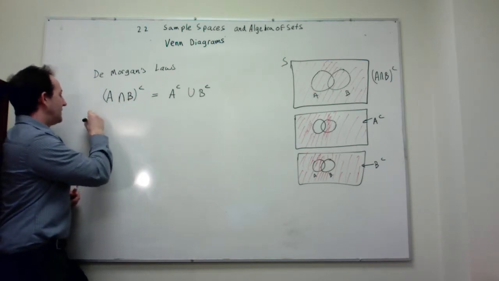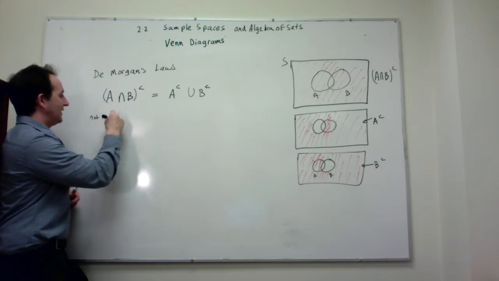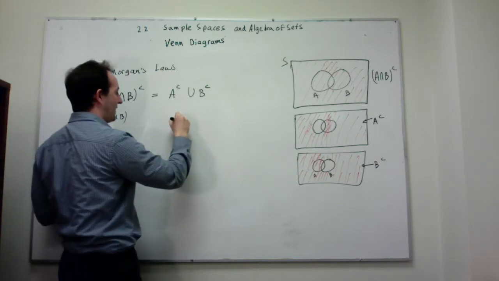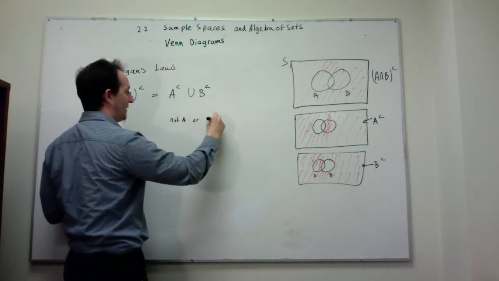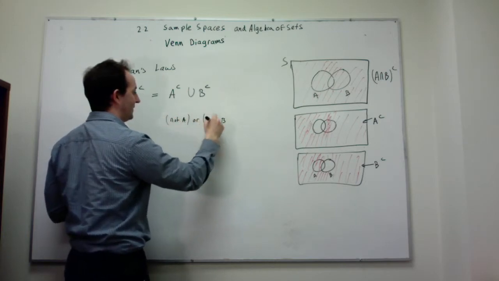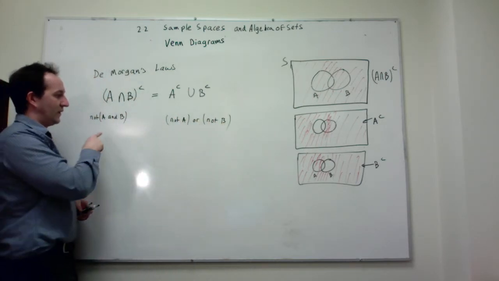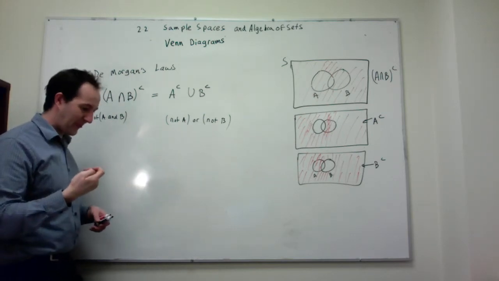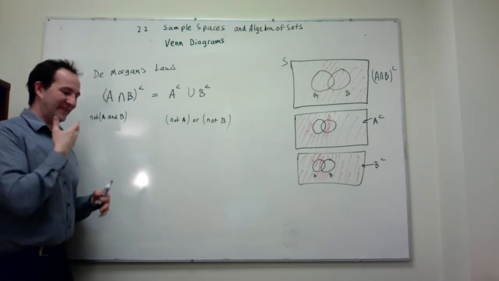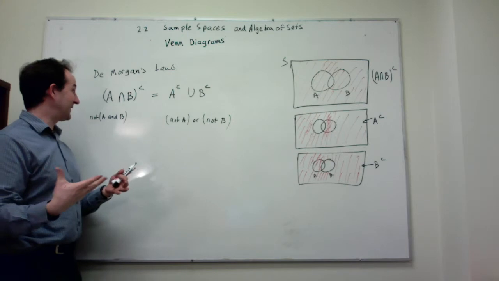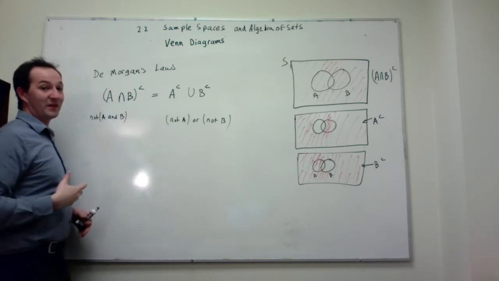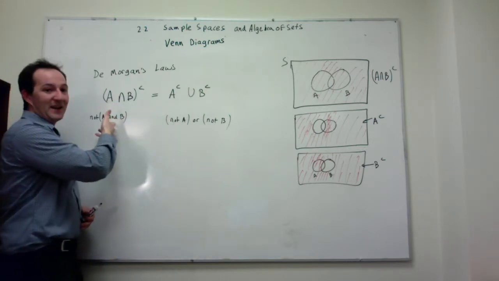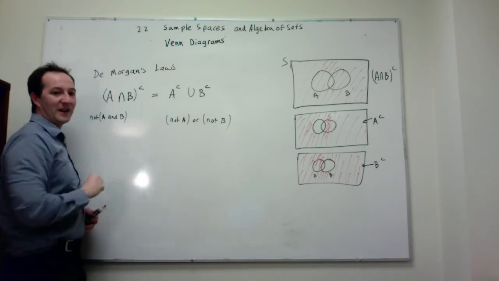So this says not (A and B), whereas this says not A or not B. If A and B are two events, how is it possible that not (A and B) occurs? Well, if A doesn't occur, then A and B didn't occur. Or if B doesn't occur, A and B doesn't occur.